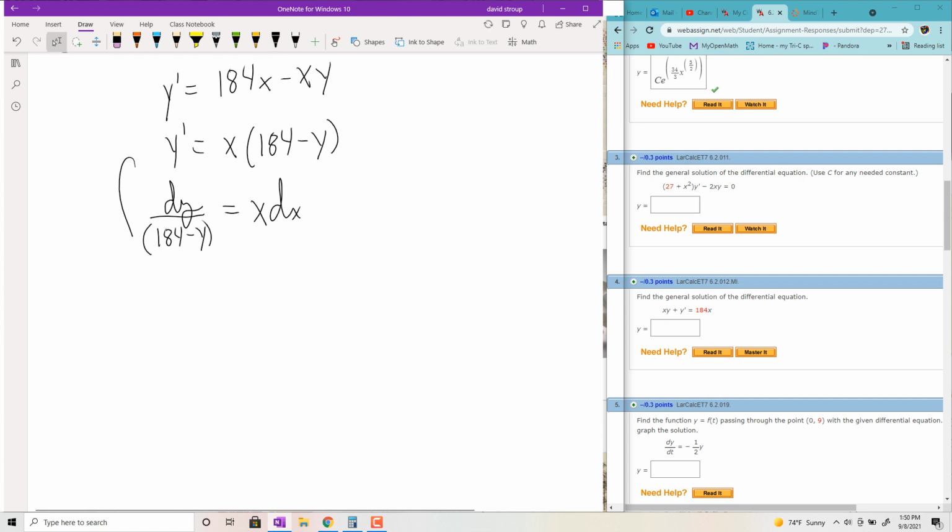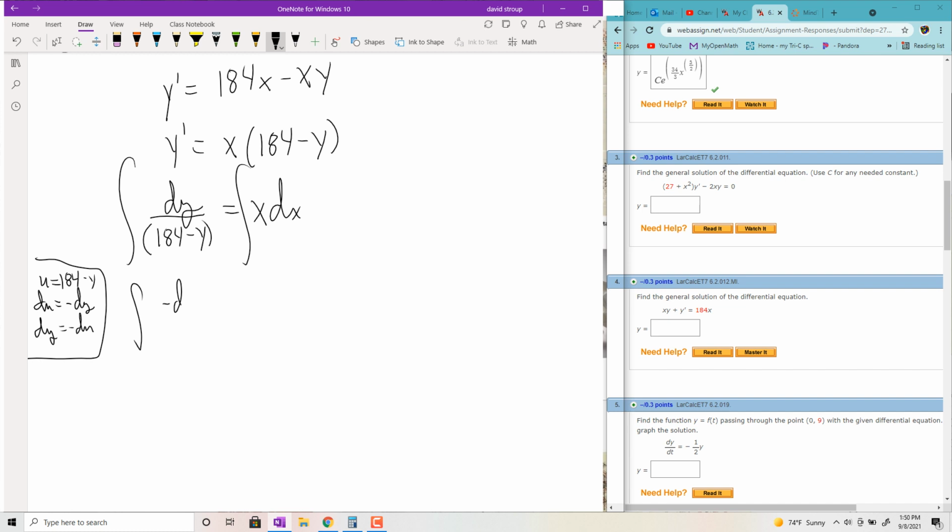So then I can integrate both sides, and on the left you may need a u-sub, so u is 184 minus y, so that your du will be negative dy, so dy is negative du. Okay. So I could rewrite this as negative du all over u equals, and on here this will be x squared over 2 plus c.